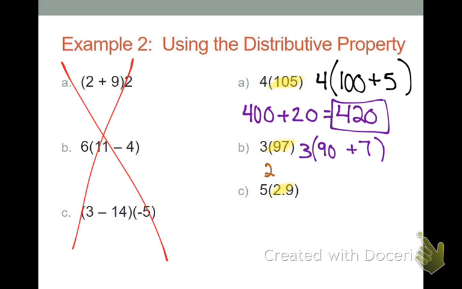So 270 plus, what's 3 times 7? 21 equals 391. See how much easier that was than doing 97 times 3? It's a lot easier. So you can break it up that way.